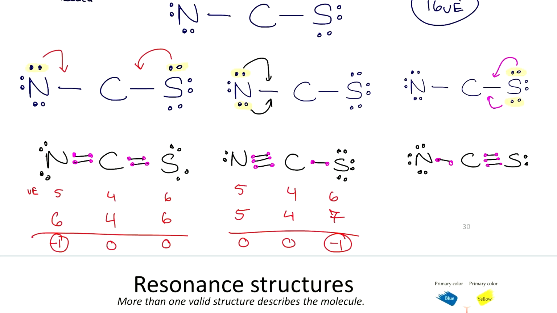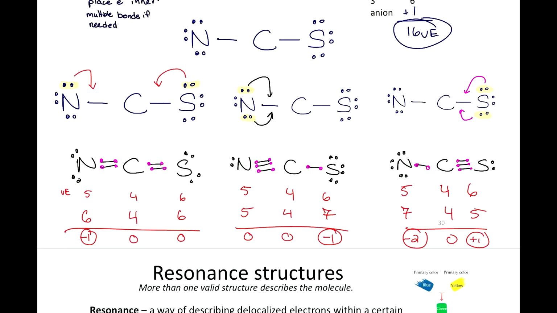And then the last one, it's still 5, 4, 6, but here in this structure, nitrogen has 7 electrons, carbon has 4, sulfur has 5. So this one is -2, 0, +1. All right, so of these structures, which one is absolutely not correct? The last one. Do you see why? The reason is because it doesn't minimize formal charges. We have some -2, +1 business going on.